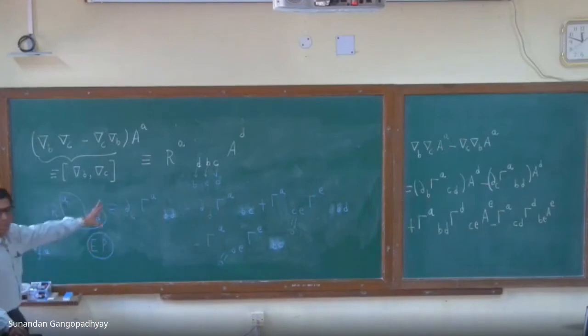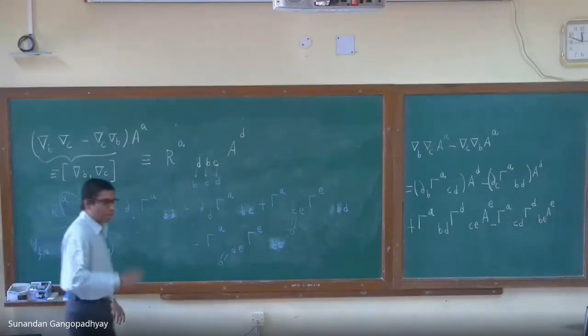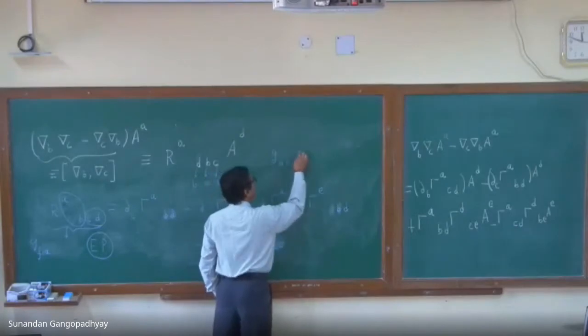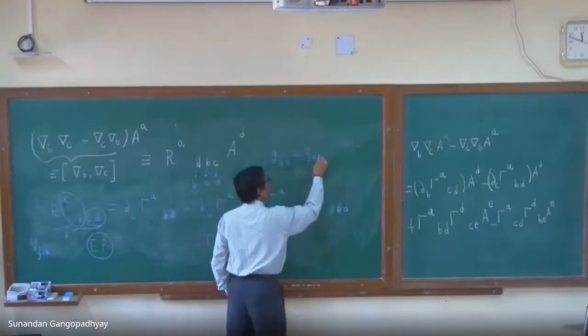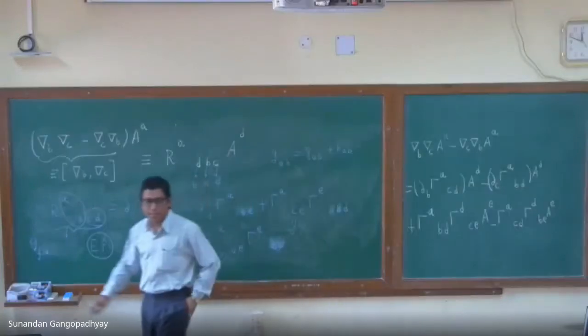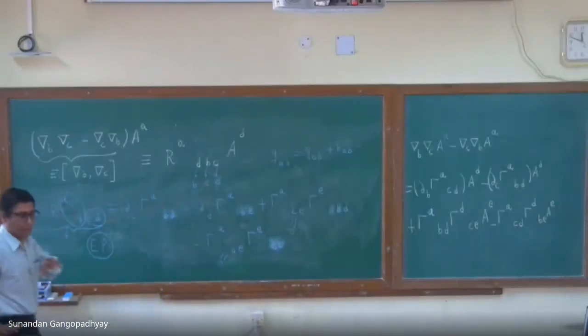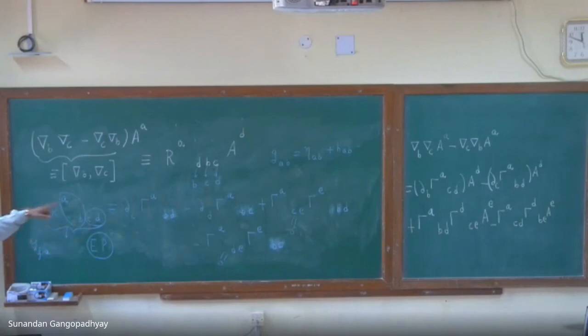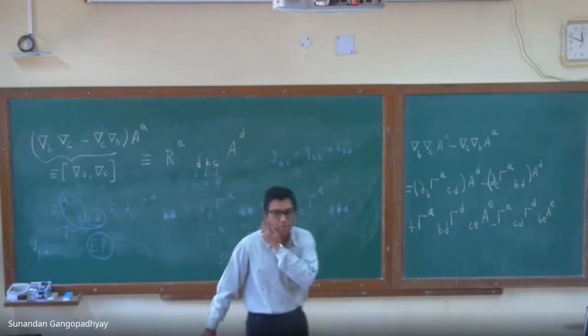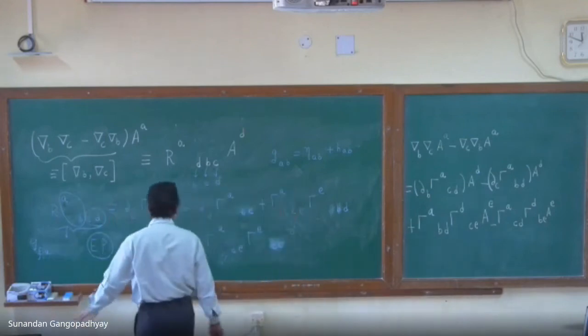So you can do it in an alternative way. You can go back to the Newtonian limit that I discussed in the previous lecture. You can replace g by eta plus h and do the calculation, neglecting all terms of the order of h squared.